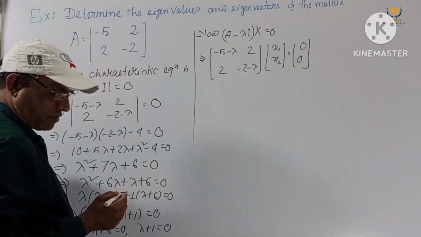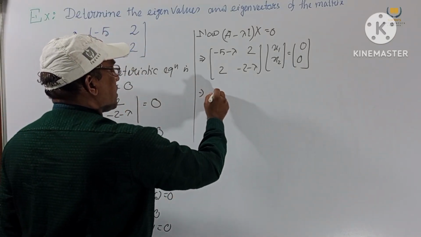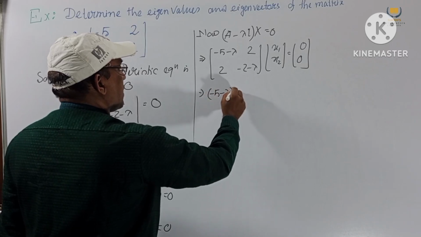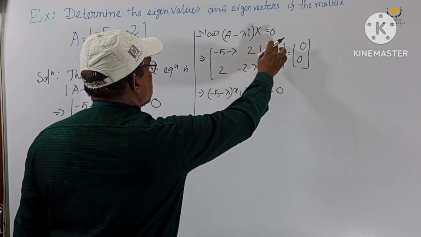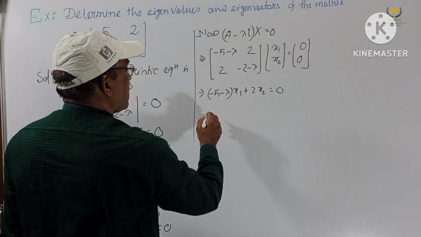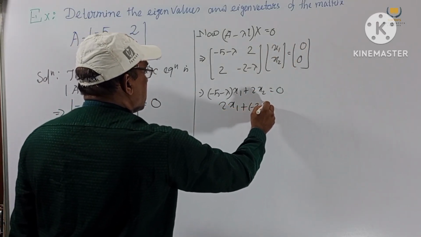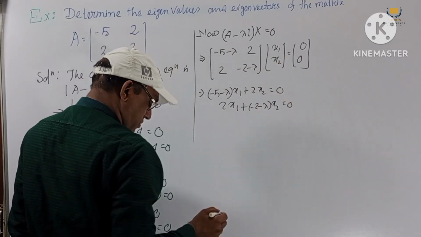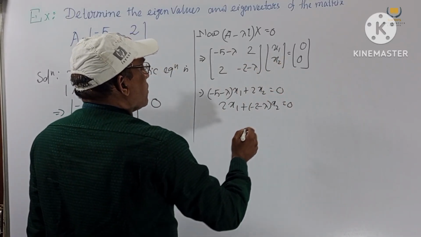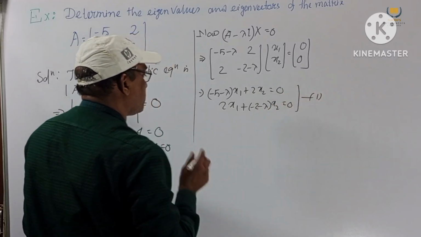We write in this way. So this will be (-5-lambda) x1 plus 2x2 equal to 0, and 2x1 plus (-2-lambda) x2 equal to 0. So these two we consider as equation 1.